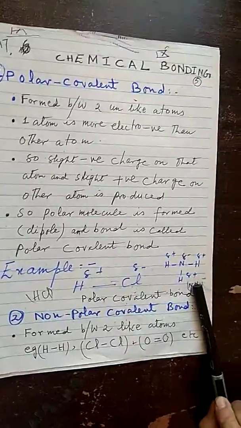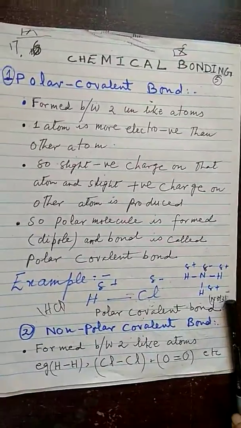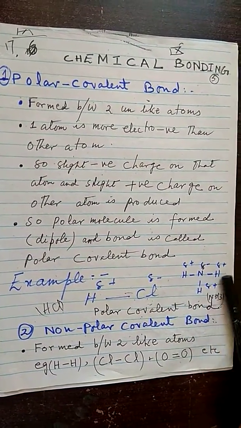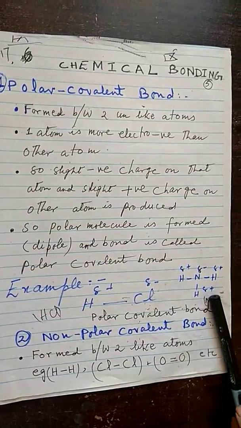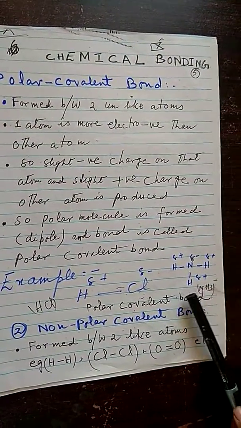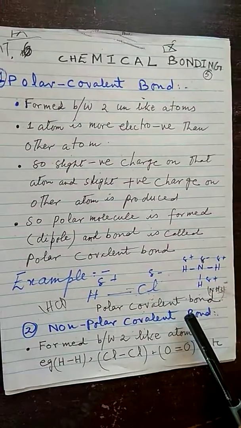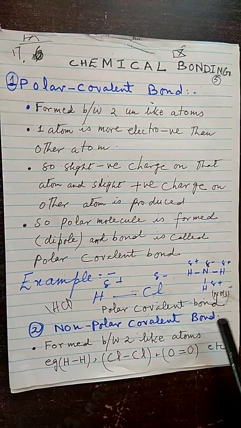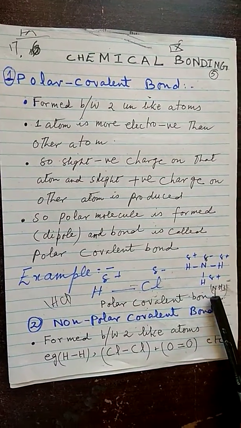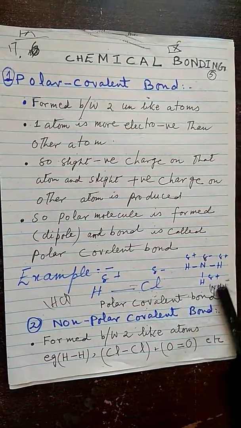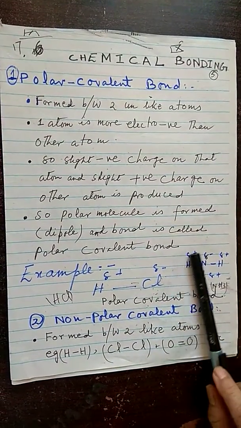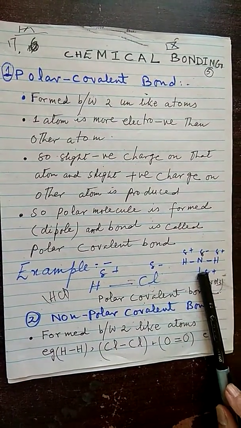Consider the example of ammonia. What is the formula of ammonia? NH3. It is the combination of nitrogen and hydrogen. What is the atomic number of nitrogen? 7. In the outermost shell it contains 5 electrons. According to the octet rule, it needs 3 electrons to complete its octet. Hydrogen can provide only 1 electron because it has only one. So nitrogen shares 3 electrons with 3 hydrogen atoms. Each hydrogen atom completes its duplet and nitrogen completes its octet.